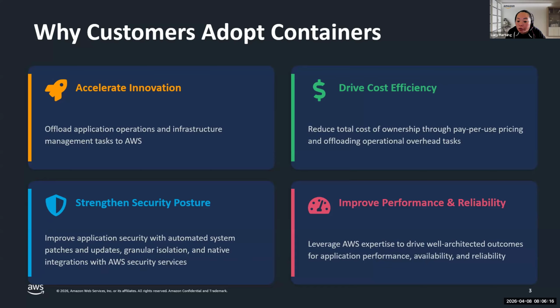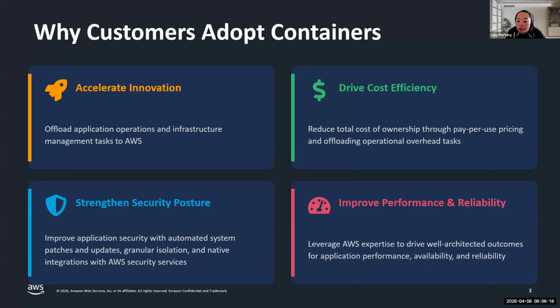And then the third piece is definitely security. Security is very important for every customer. We want to make sure you build in a secure environment and don't have to worry about whether your security is being breached as you build.